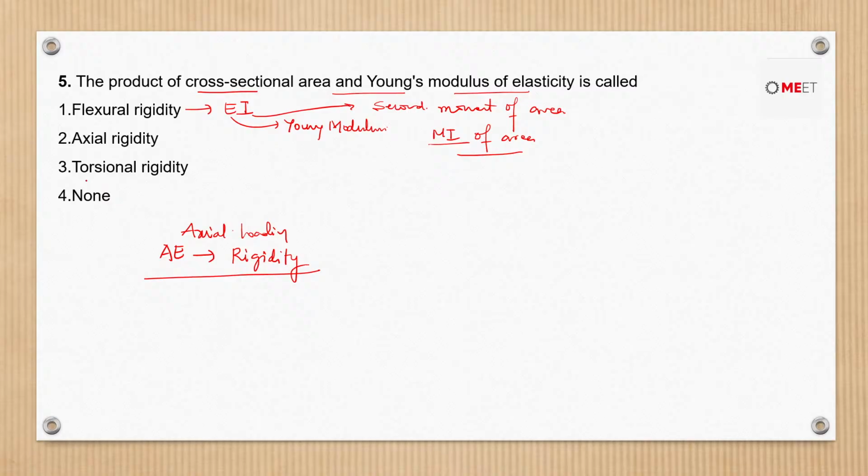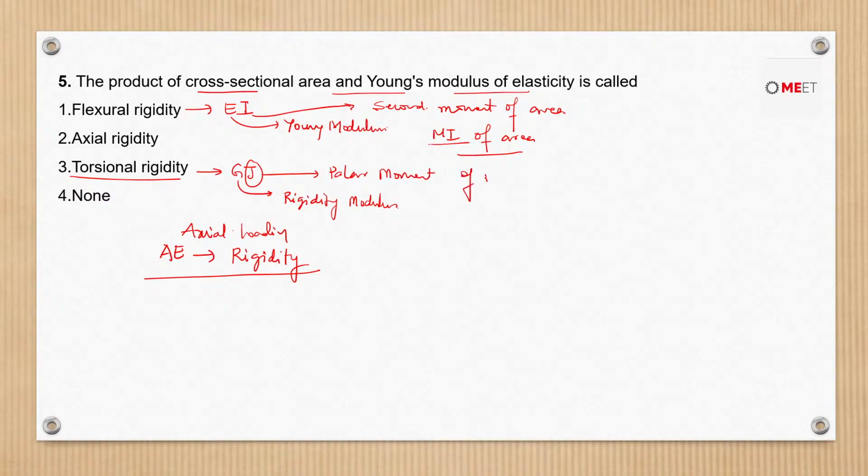And torsional rigidity is expressed as G into J, where G is the rigidity modulus and J is the polar moment of inertia. So for this question, option 2 is the answer.